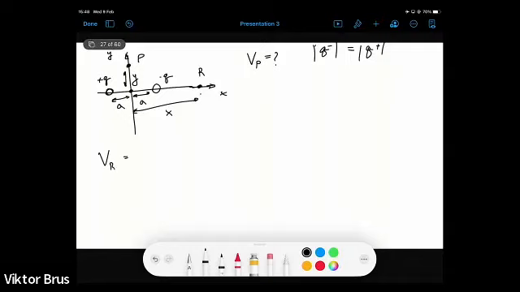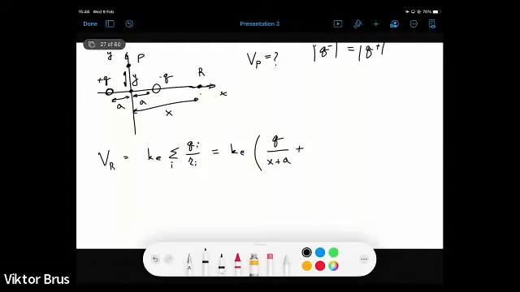V_R is equal to k_e times the sum for all charges, q_i divided by r_i. What is the distance from the first positive charge to point R? It will be the position of this point R, x plus a. So this will be Q divided by x plus a.